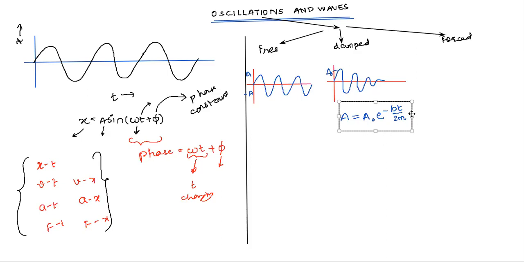Class, before we practice things, there is one more thing that we need to understand about forced oscillation. What happens in case of forced oscillations is that in a forced oscillator, there is an external agency. I repeat, there is an external agency which will keep giving its vibration to the main body we are talking about.